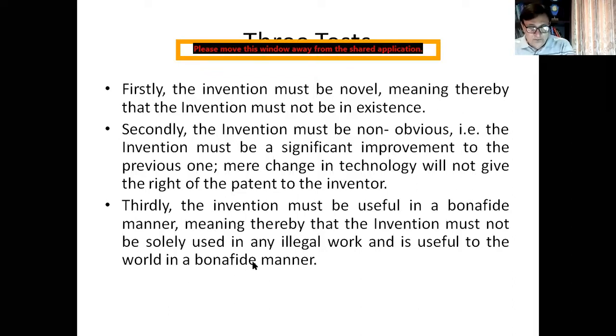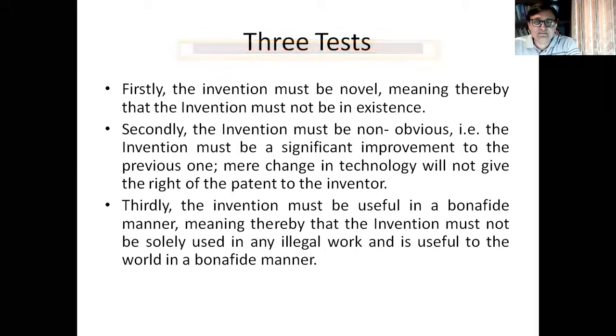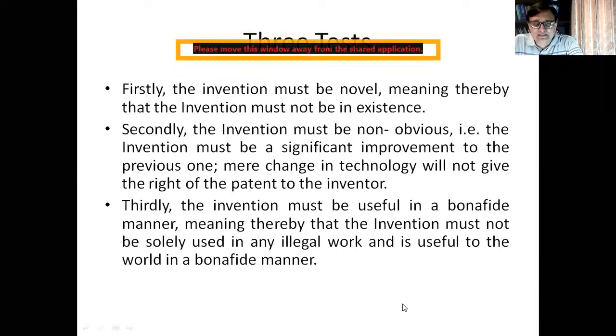So in order to qualify for registering any invention under the Patent Act 1970, you must satisfy three things. Firstly, the invention must be novel. Secondly, it must not be in existence, it is non-obvious; a mere improvement in certain things is not patentable.